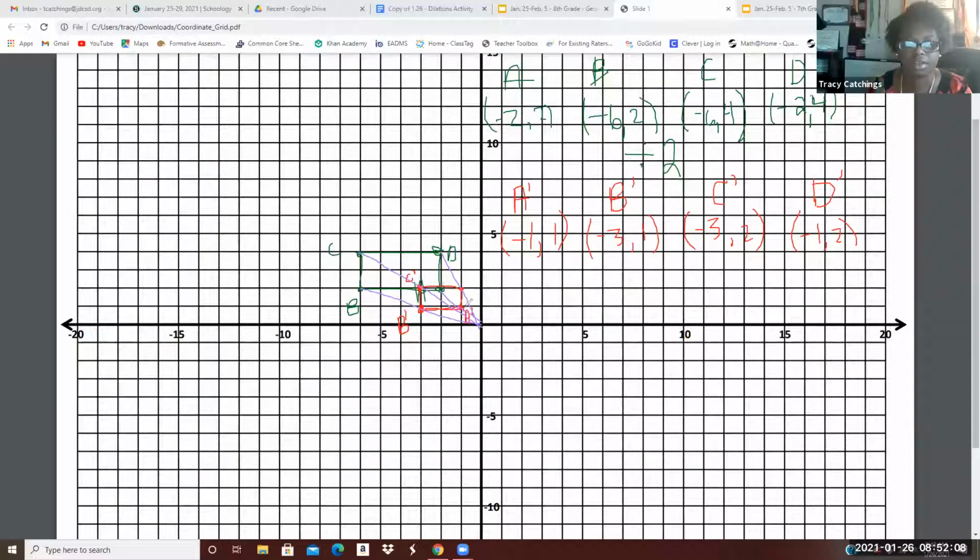And after you do it, those of you that are using the tools on your Chromebook, snip a picture of this graph 2, that way when you upload it, you already know which graph it belongs to. Some of you have been doing it. All right, any questions about graph 2?